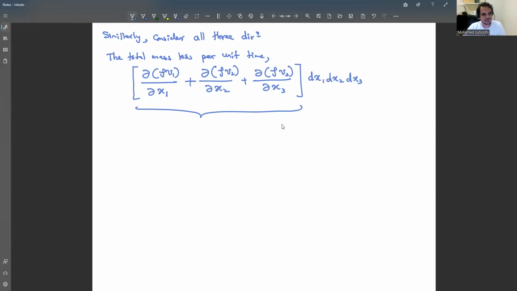This is the dot product between your del operator and this vector function. This is something we studied, the divergence.